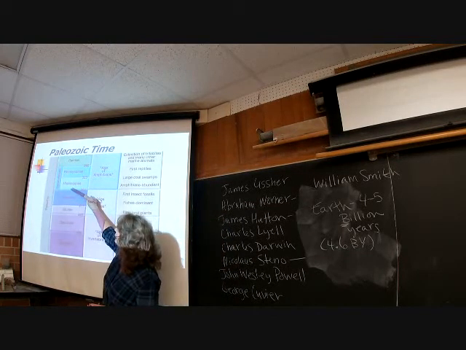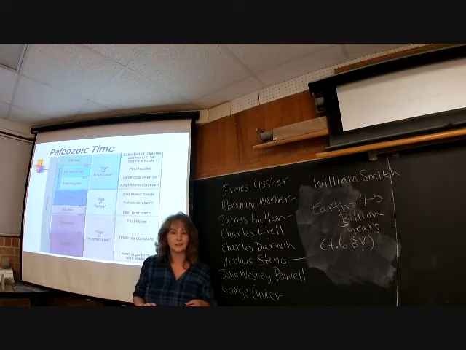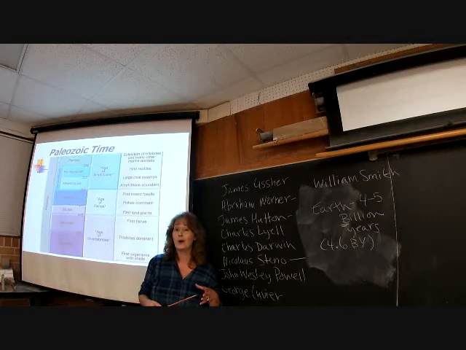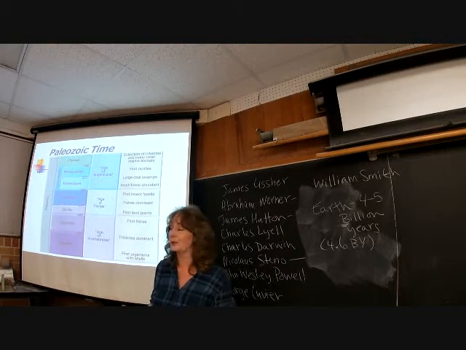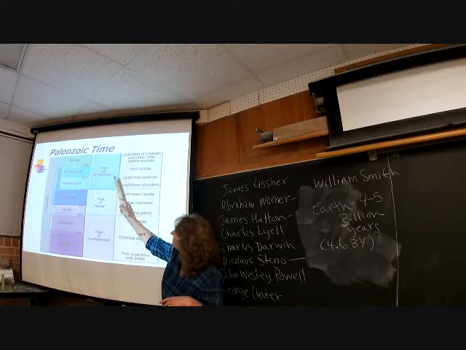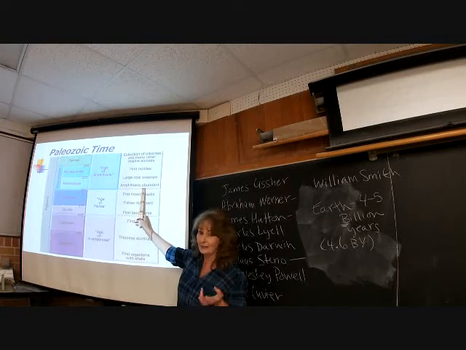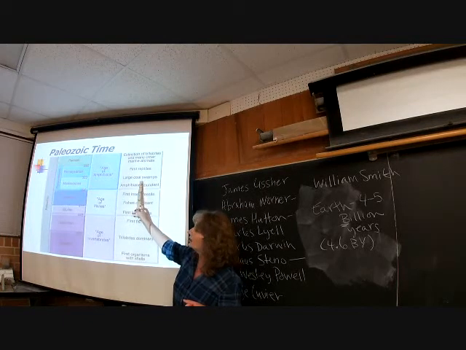The Mississippian and the Pennsylvanian are sometimes lumped together as the Carboniferous. This is when a lot of the coal swamps, the coal beds, were being deposited. So the age of amphibians, the amphibians are the abundant organisms. Large coal swamps are going down.